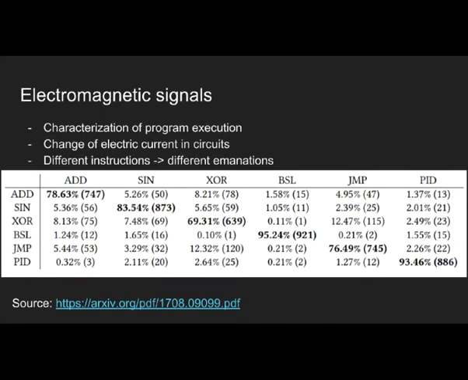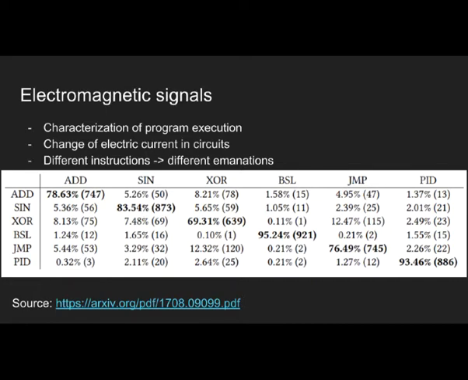So a little more detail on what the electromagnetic signals actually are. This paper actually goes to a very low level to explain how this works, which is really nice. The electromagnetic signals are assumed to characterize the program execution, and at a very low level, the program is executing basic operators like add, XOR, and things like that.